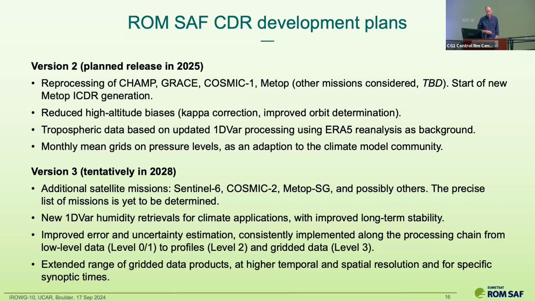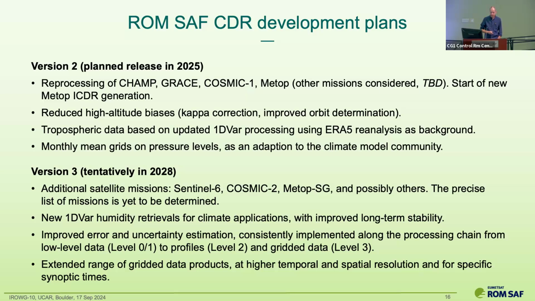That version will include reduced high altitude biases, the kappa correction for example, and improved orbit determination, which will solve certain problems that we saw in the last version. For tropospheric data, we will have an updated 1D processing, which hopefully will lead to an improved water vapor data record, and we will have more vertical gridding as an adaptation to the climate model community.